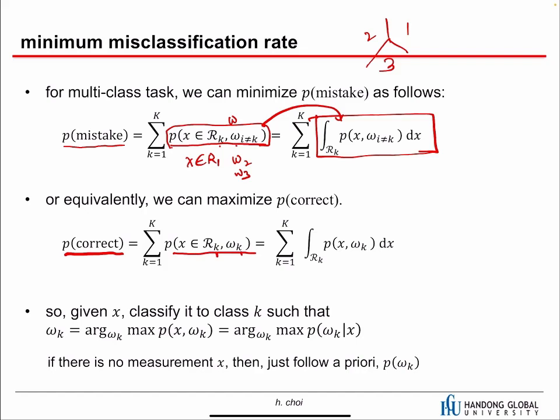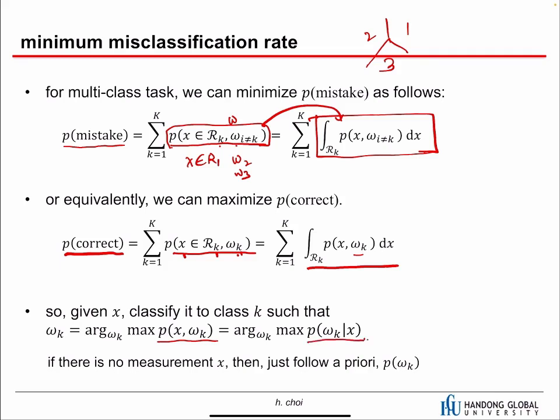So the true label is K, and the model says this X is classified into class K. And then this one is exactly the same as before, but in this case it is omega K, not omega i. So given X, classify it to class K such that K maximizes this or this.